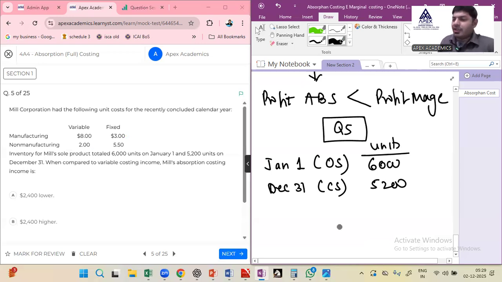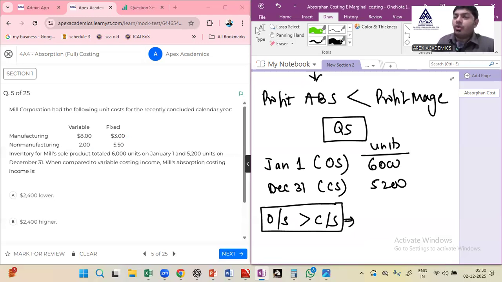Now, please try to understand that in this scenario your opening stock is greater than your closing stock. In this particular scenario, your profit under marginal costing is going to be higher than the profit under absorption costing.